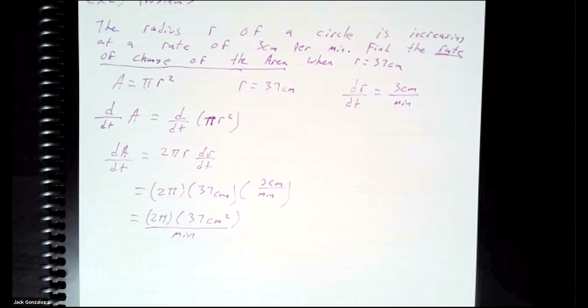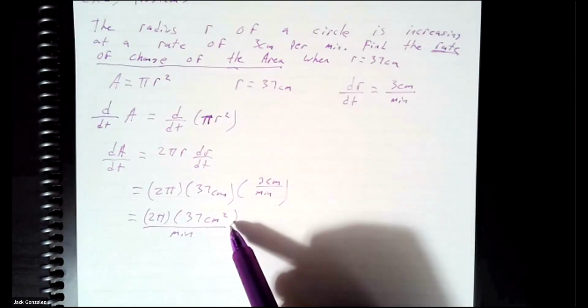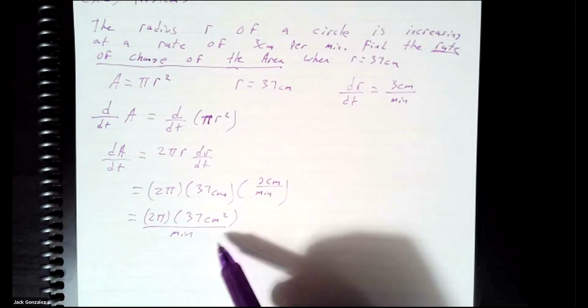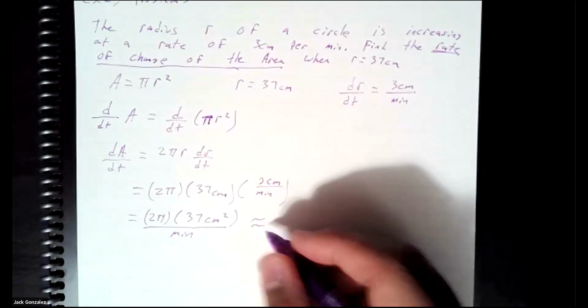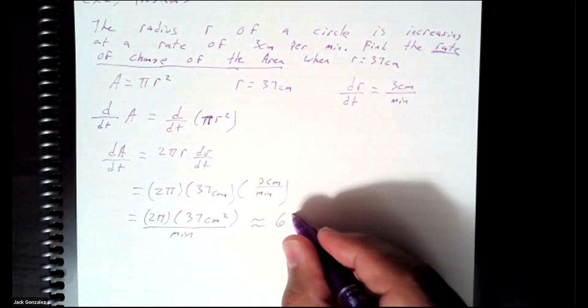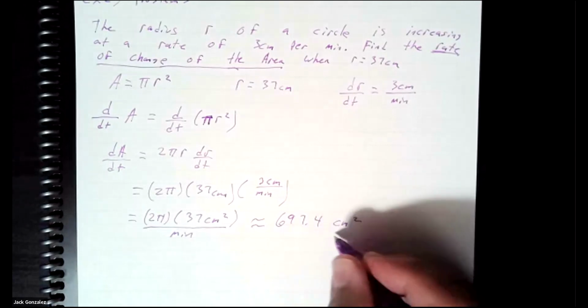Okay. Centimeters times centimeters is centimeters squared. And it should be squared because we're talking about change of area, right? Mhm. Calculator time: that's 697.4 centimeters squared per minute. What about the 3 and the 3 centimeters?